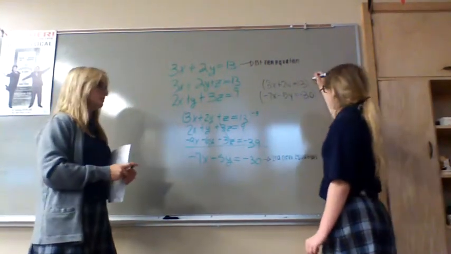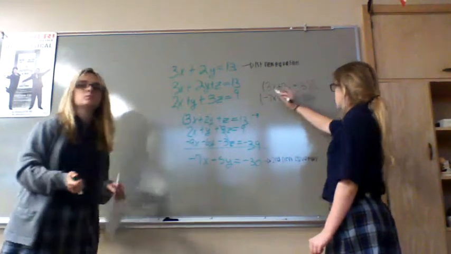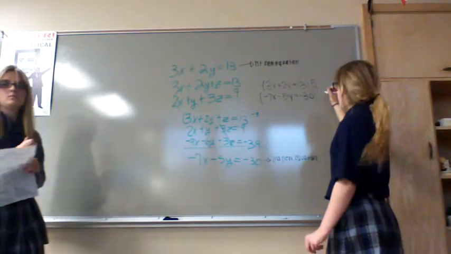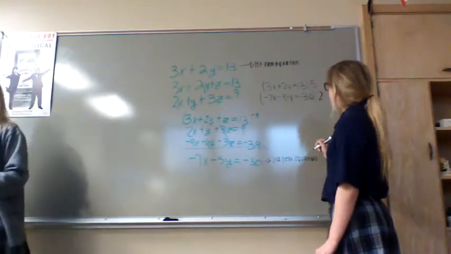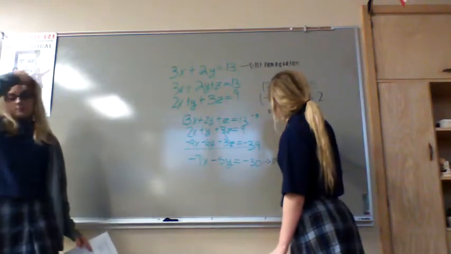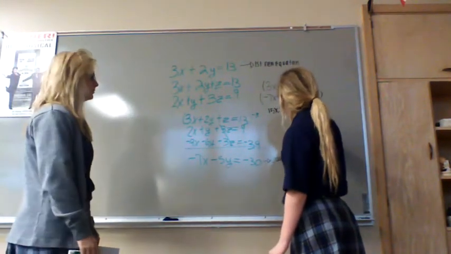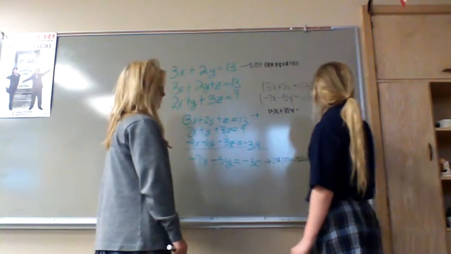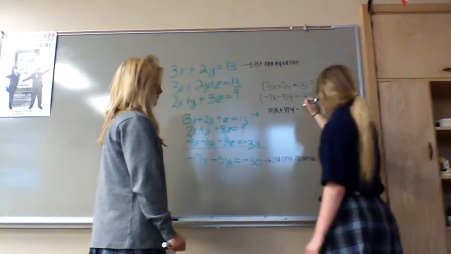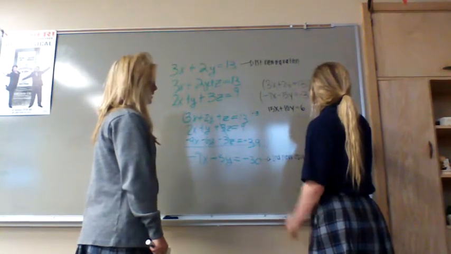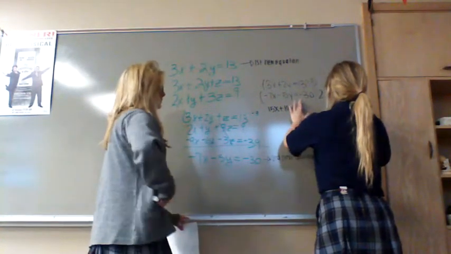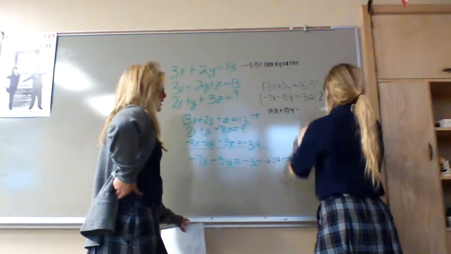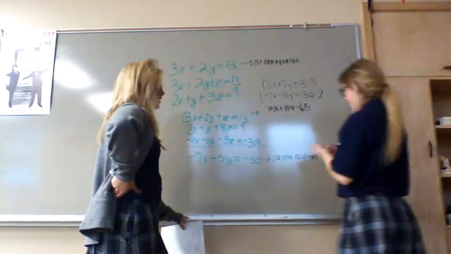So then you'll multiply the top equation by 5 and the bottom equation by 2, and you'll get 15x plus 10y equals 65.